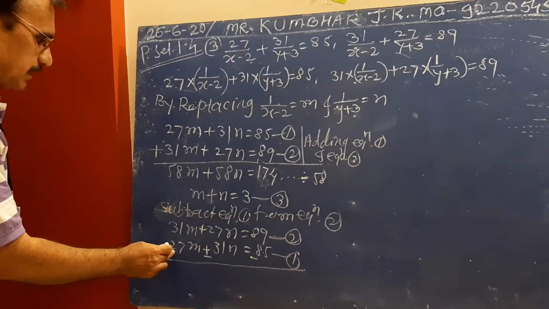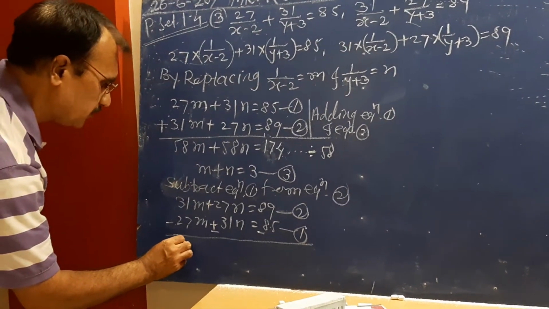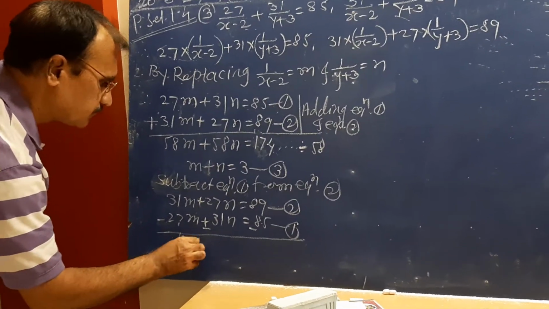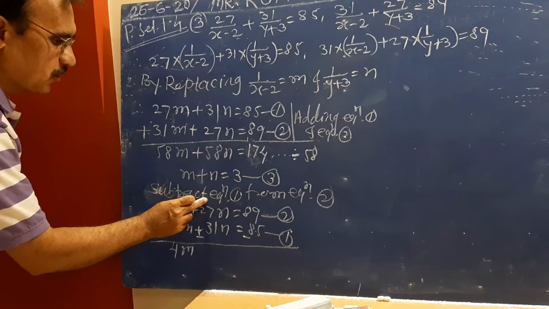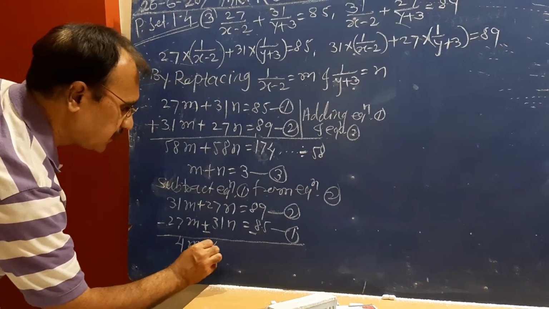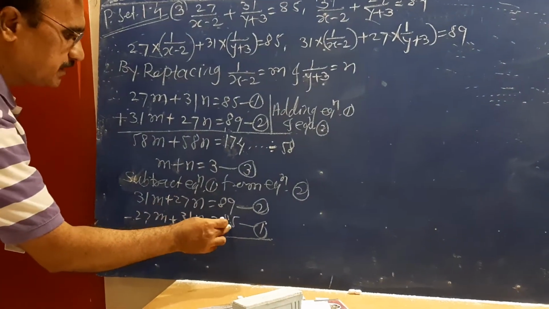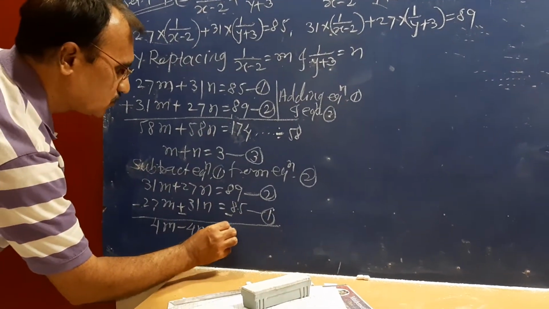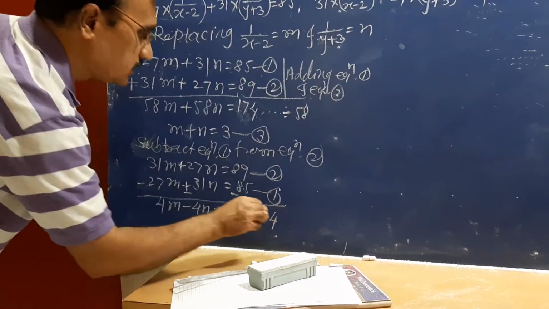31 minus 27, 11 minus 7, that is 4, means 4m. Here 27 minus 31, subtract the smaller number from the bigger number, and the sign of the bigger number is minus. Here is minus 4n is equal to 89 minus 85, that is also 4.